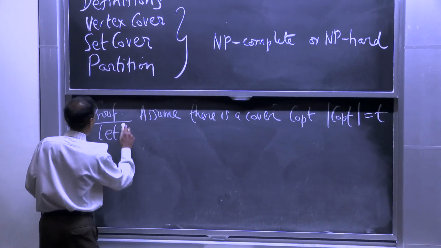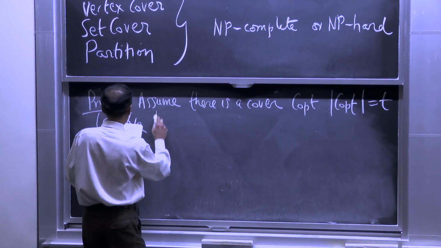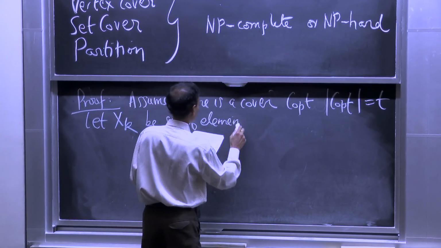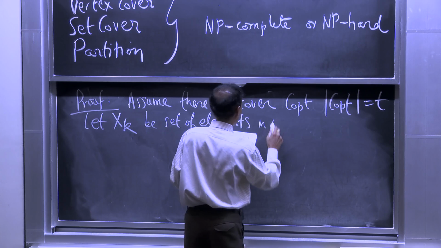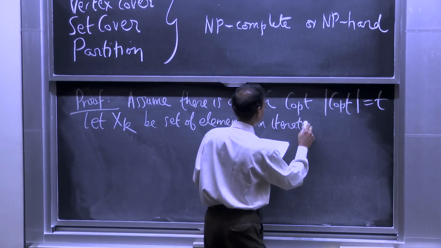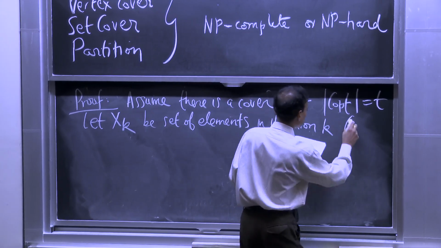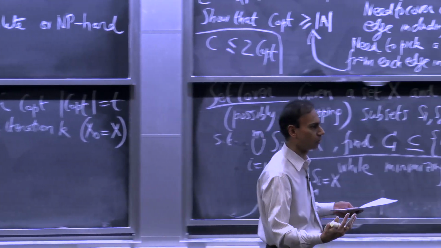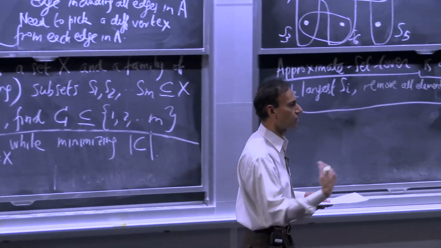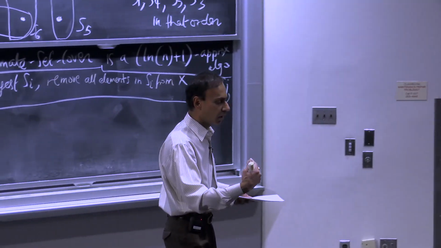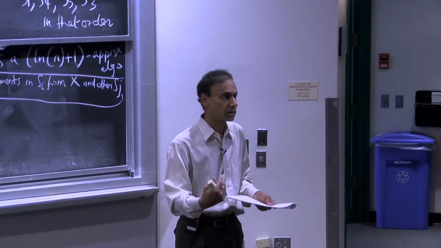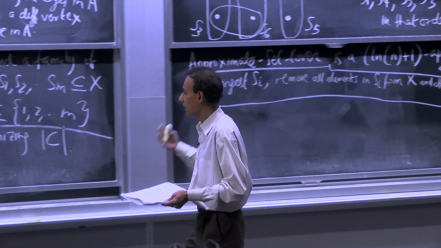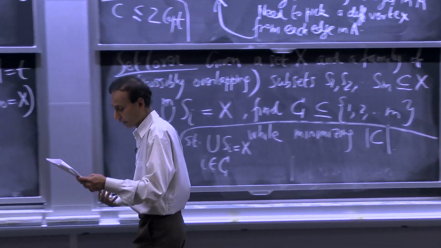Now let x of k be the set of elements in iteration k. And let's assume that x0 equals x. So initially I'm at 0, and I want to subscript this because I want to point to each of the problems that I'm going to have as I shrink this set down to nothing.